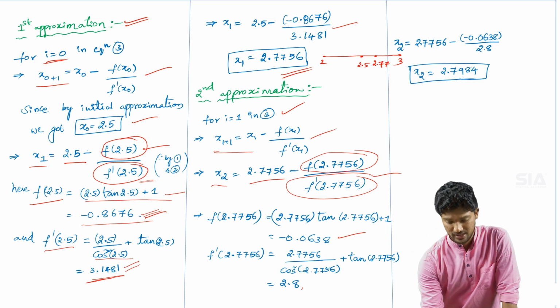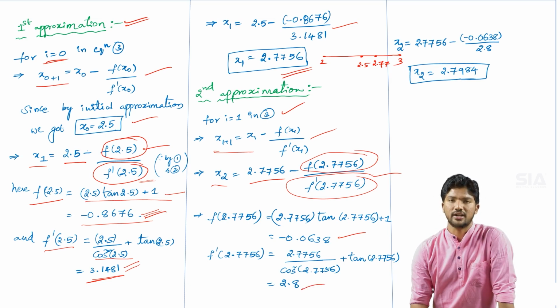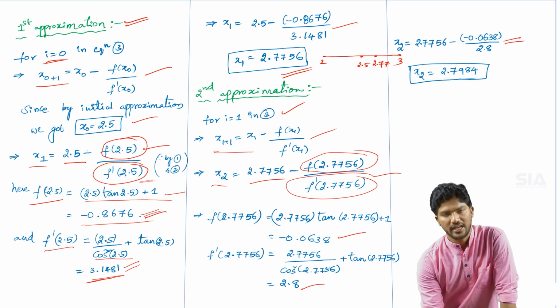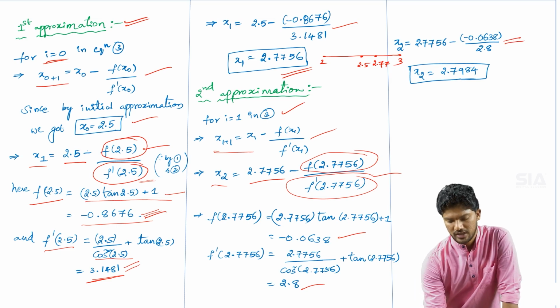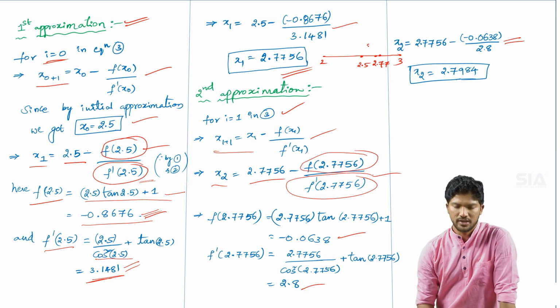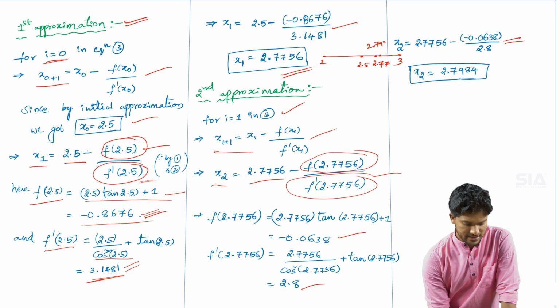Substitute them in this equation, then you will get the second approximation. x suffix 2 is equal to 2.7984. Okay, this is very near to that value. So therefore that is the second approximation.